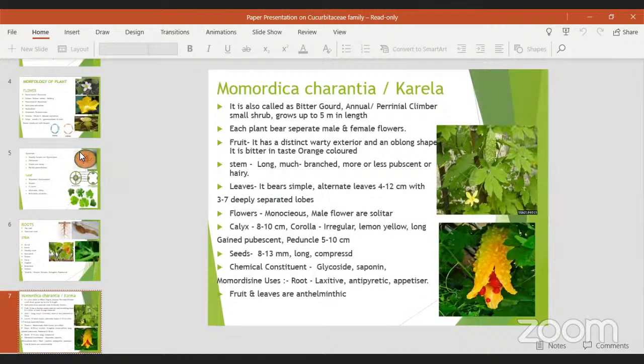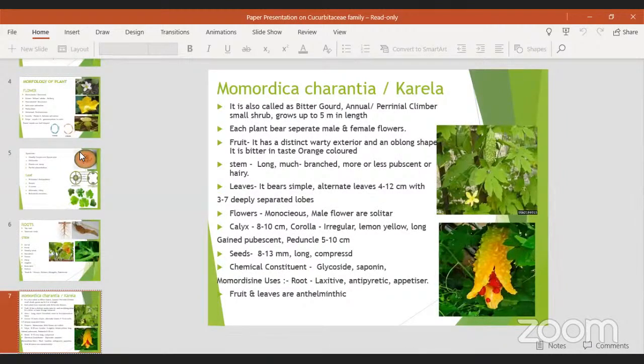Then the next plant is Trichosanthes dioica, also called pointed gourd or parwal. It is a perennial plant. The stem is slender, extensively climbing. Tendrils are 2 to 4 centimeters. Leaves are 7.5 by 5 centimeters, not lobed, rigid, rough on both surfaces.